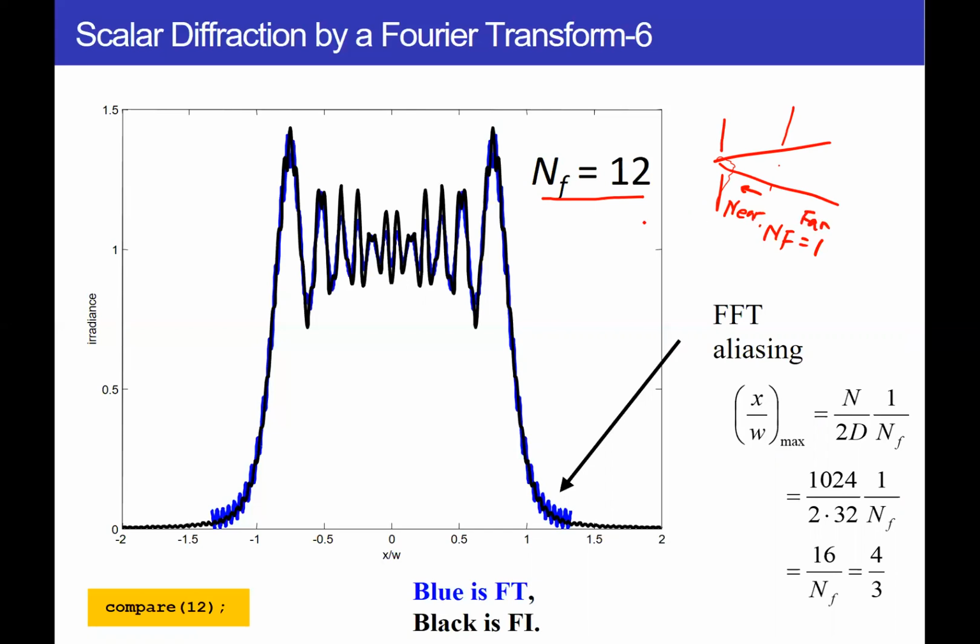So when you go to the near field, then for the case of the Fourier transformation, we have a ziggle coming out. And it is mainly due to a problem called aliasing. So that means Fourier transform is working fine for the case of NF less than 1.